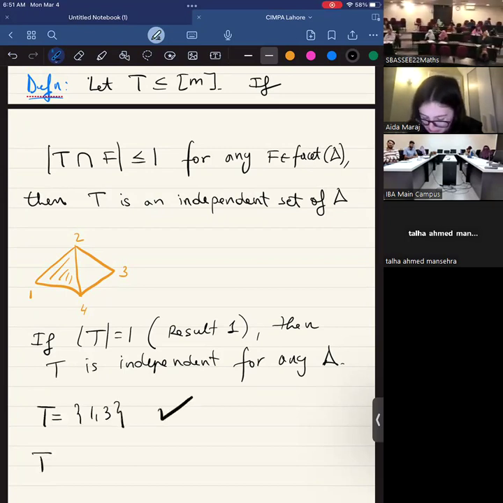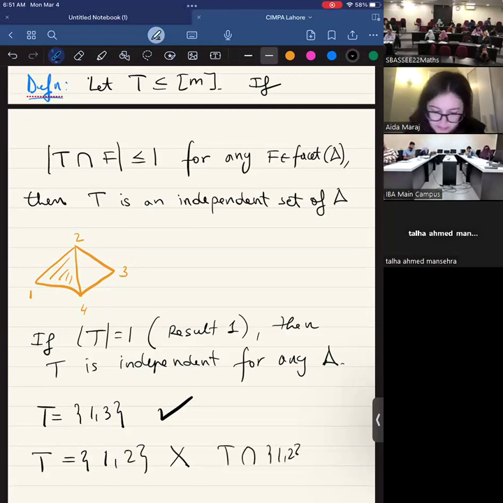But if I take T to be anything else, this does not work. If I take 1, 2, this does not work because T intersected with the facet 1, 2, 3 has size 2.